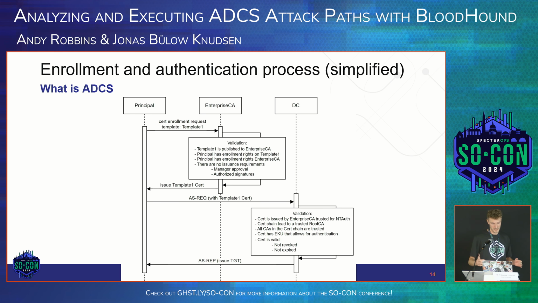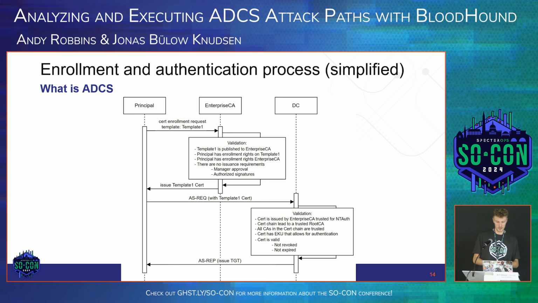Cool. So here is a simplified diagram for how enrollment and authentication works with a certificate. As a principal, I'll say, I want a certificate of this certificate template here. And the enterprise CA will check that, first of all, do I have this certificate published?